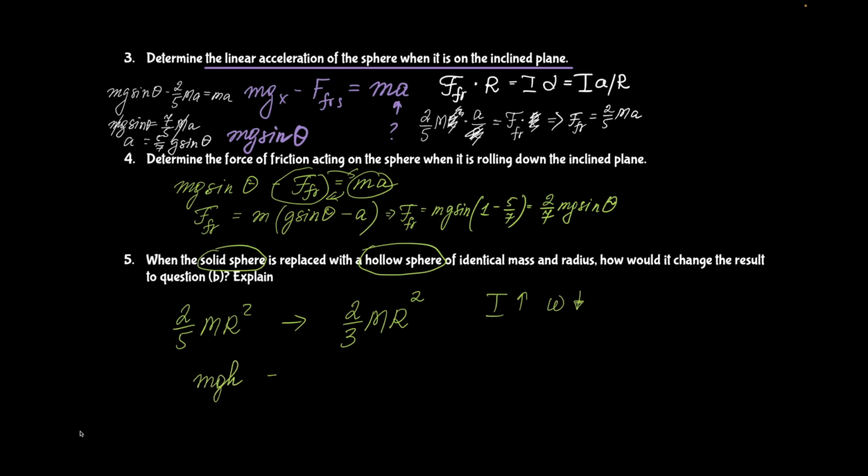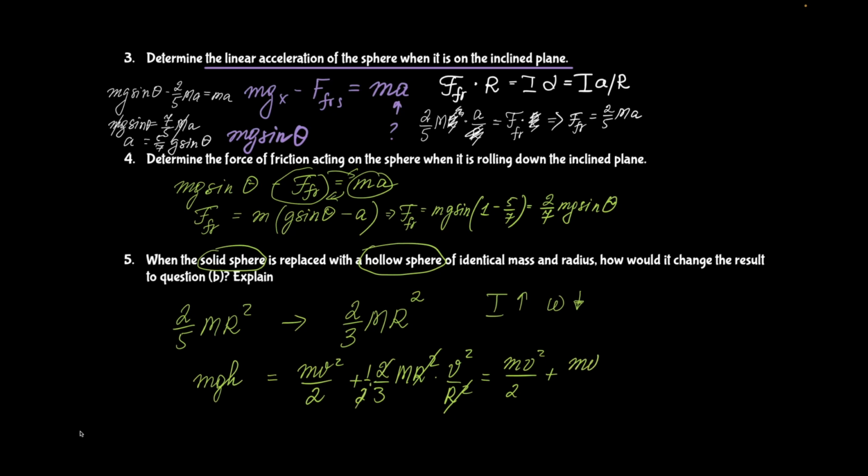MGH will be the same. MV squared over 2 plus now 2/3 mr squared times omega, which is V squared over R squared. Boom, boom. And we end up with MV squared over 2. And look at that, I forgot that 1/2. Boom, boom.